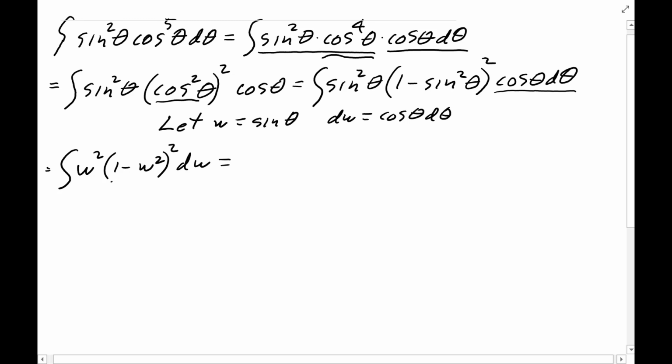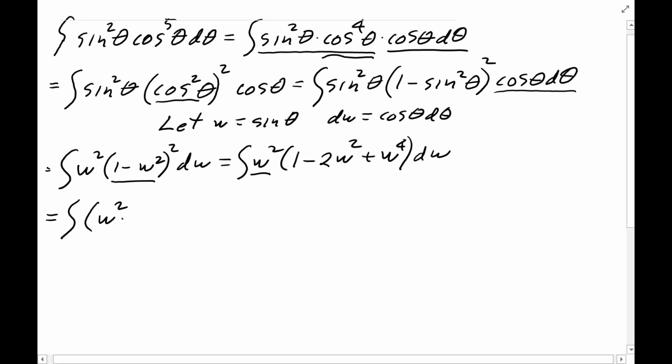I'm going to use FOIL to multiply that out. So we get w squared times 1 minus 2w squared plus w to the 4th. And then distribute this w squared through that parentheses, and I get w squared minus 2w to the 4th plus w to the 6th.